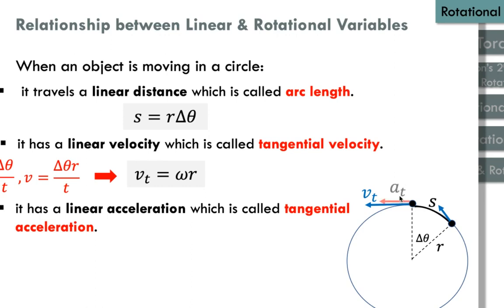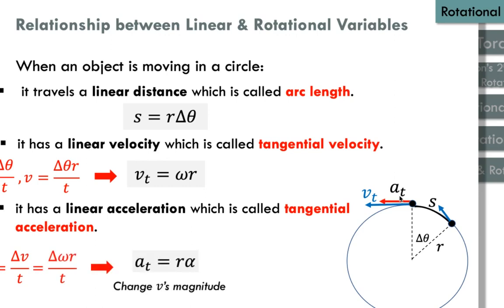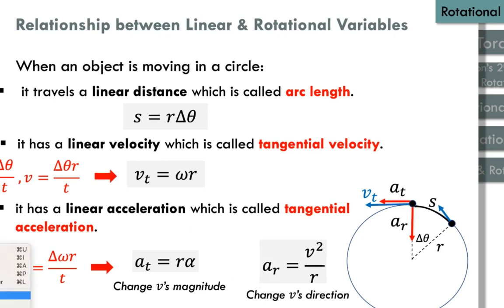So tangential velocity is related to the change in the object's direction, which is due to a center-seeking acceleration, which comes from a net or center-seeking force.